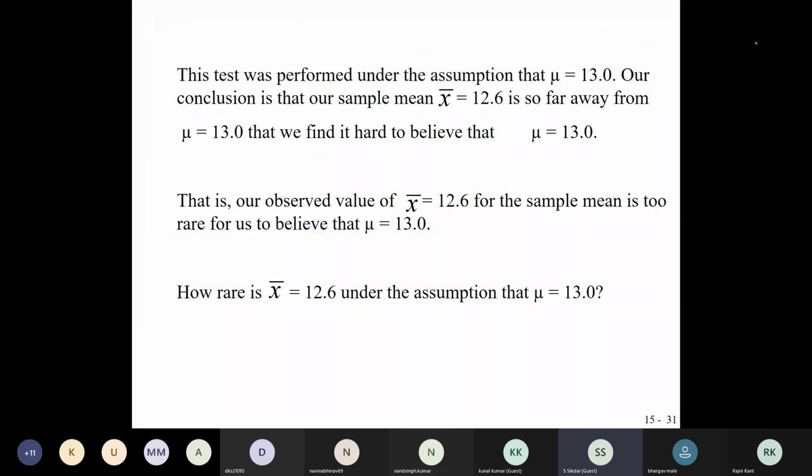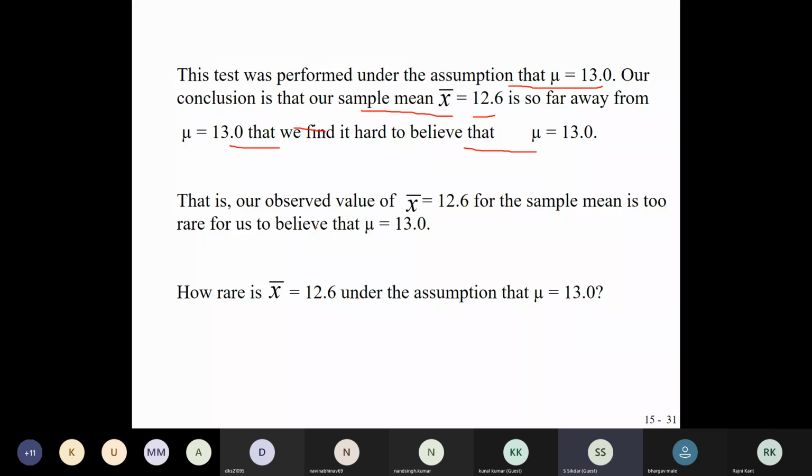This test was performed under the assumption that mu is equal to 13.0. Our conclusion is that our sample mean x bar equal to 12.6 is so far away from 13.0 that we find it hard to believe mu is equal to 13.0.